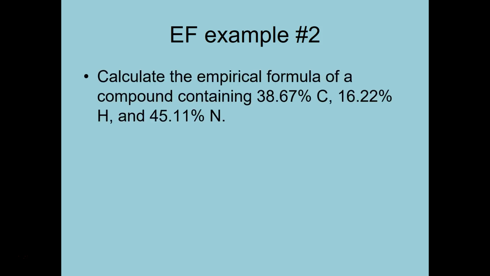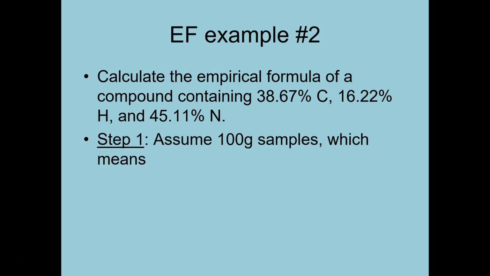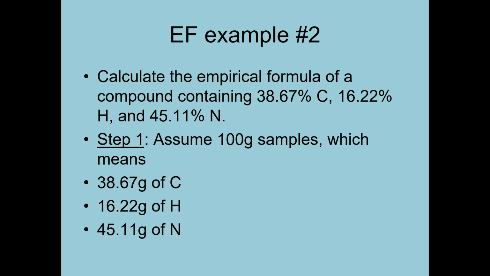So I want you to calculate the empirical formula of a compound containing 38.67% carbon, 16.22% hydrogen, and 45.11% nitrogen. So step 1, we're going to assume 100 grams of each sample, which means we have 38.67 grams of carbon, 16.22 grams of hydrogen, and 45.11 grams of nitrogen.